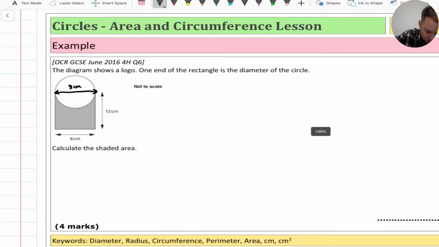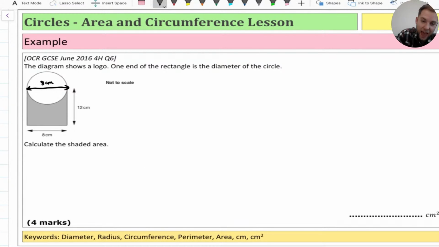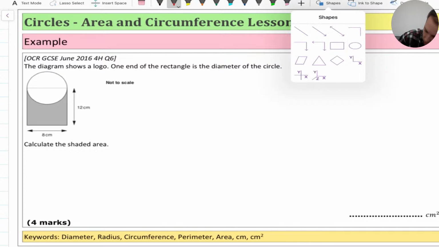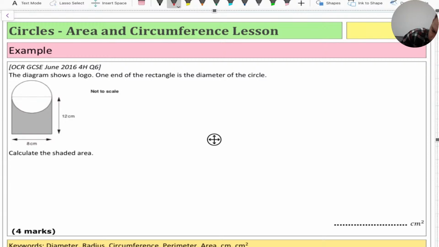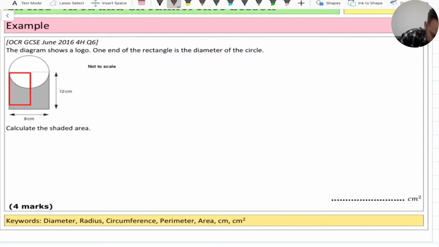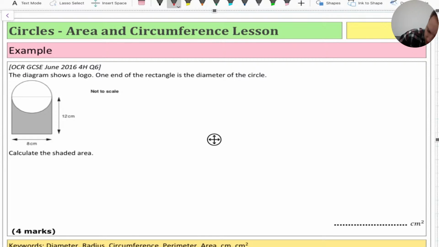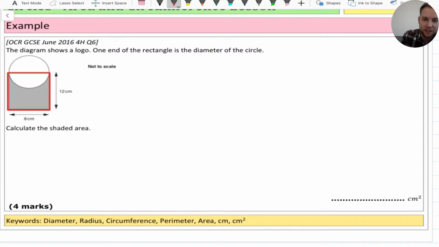So to find out the area of that shaded, it's going to be the area of this rectangle here, take away the area of this semicircle there.